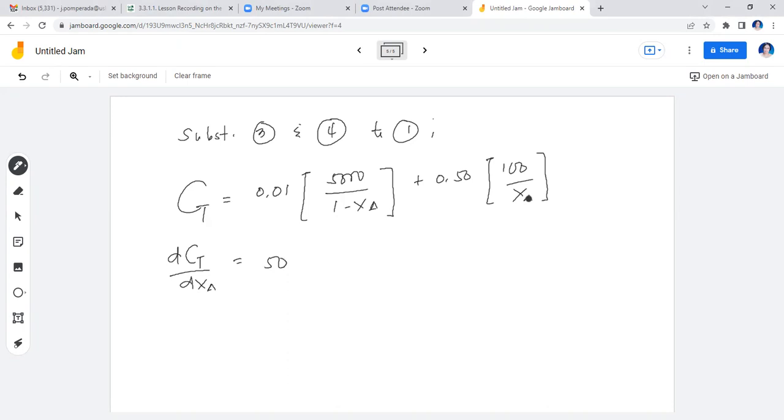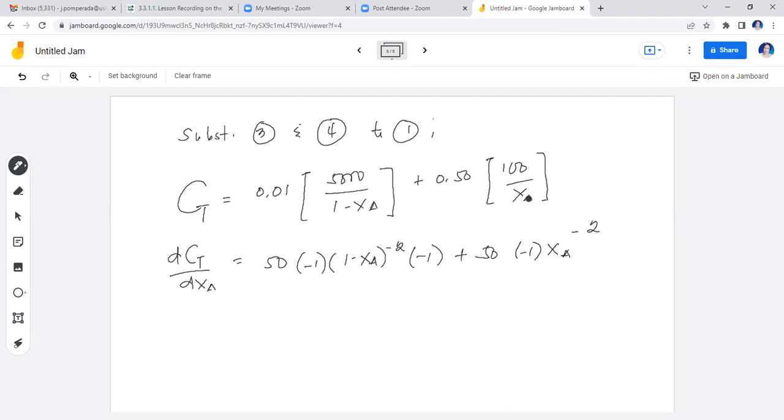And you use power rule for this one, that would be -1. 1 minus xa raised to negative 2, and then you have the derivative of that, which is negative 1. For this, if you multiply, you will have 50, and you'd have negative 1 xa raised to negative 2. Okay, can you follow?